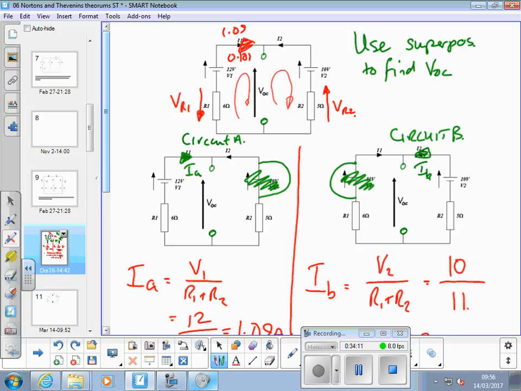It feels them. I'm going to find VR1, a 6 ohm resistor.